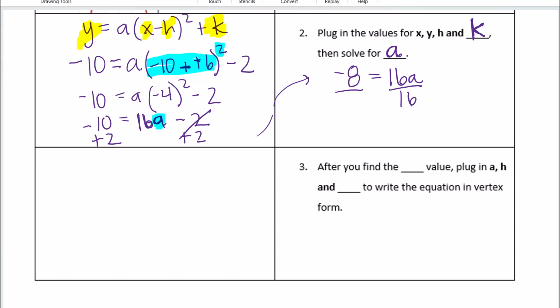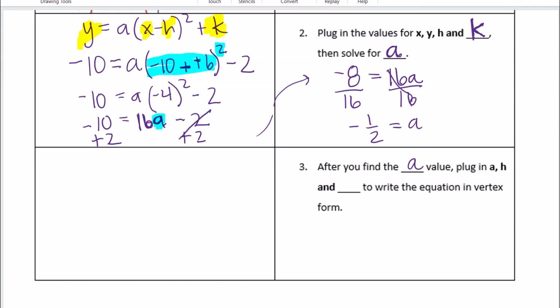And to get a by itself, we're going to divide by 16. And when we do that, negative 8 over 16 reduces to negative 1/2 equals a. So that's step 2.